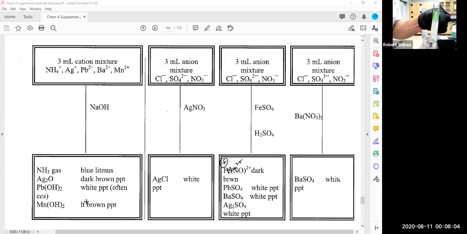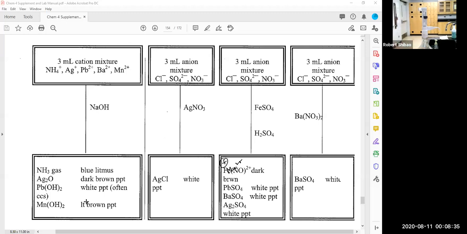So this one looks negative, but I'm thinking maybe it's a false negative because of this plug of precipitate that's stuck here. I probably should have filtered it. So I'm going to repeat this one, and this time I'm going to filter it. I'll let this one sit aside for a minute. We'll come back to it and see if the brown ring forms or not.